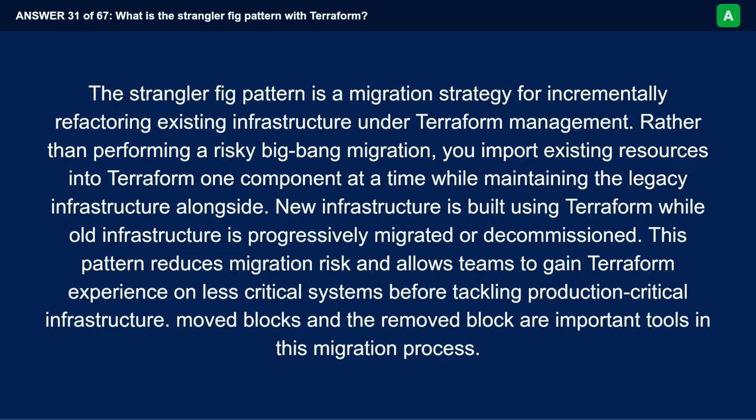New infrastructure is built using Terraform, while old infrastructure is progressively migrated or decommissioned. This pattern reduces migration risk and allows teams to gain Terraform experience on less critical systems before tackling production-critical infrastructure. Moved blocks and the removed block are important tools in this migration process.